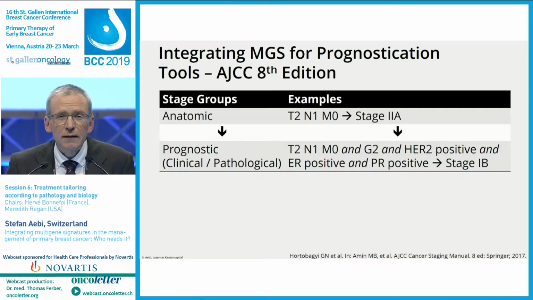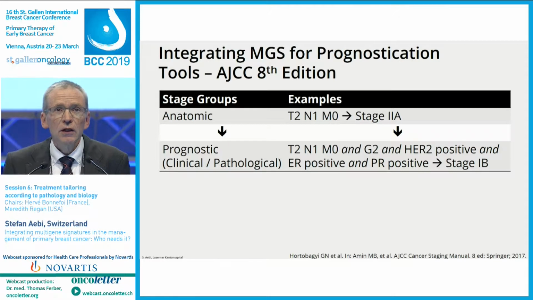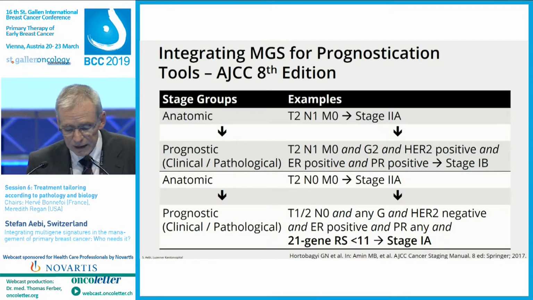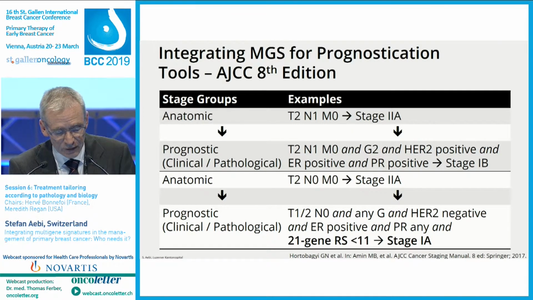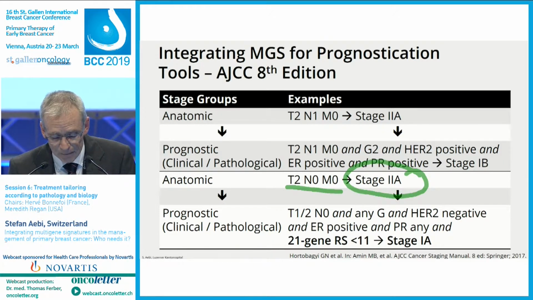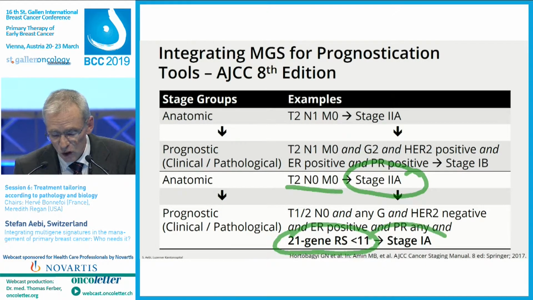We should not forget that the AJCC staging tools also do the same thing, go in the same direction, one of which is shown here, and another example is shown here, where you see that an anatomic stage, for instance T2, N0, M0 results in a stage 2A, but if the patient has a 21-gene recurrence score below 11, this will transform to stage 1A.